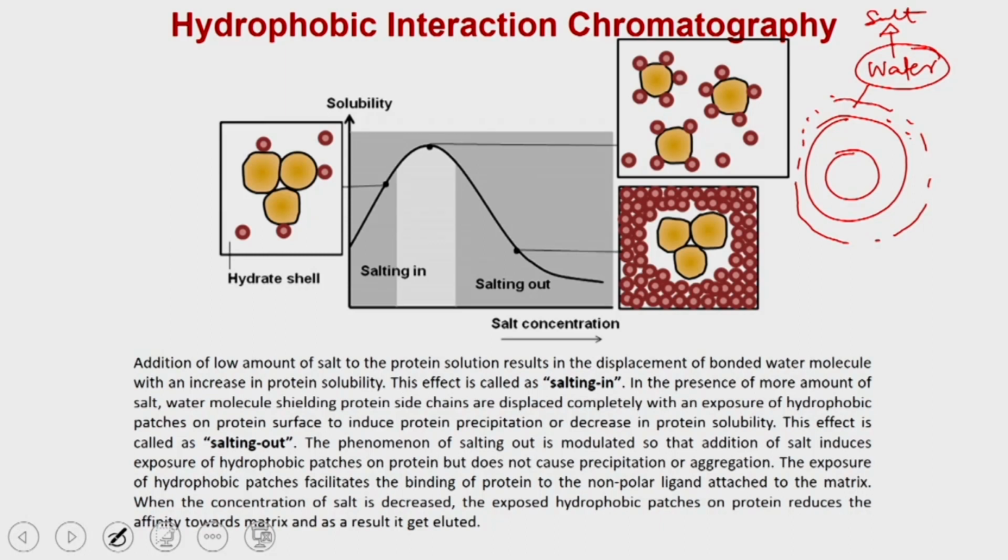So, if you want to remove the hydration shell present outside the protein, you can add a small amount of salt. When you add a very small amount of salt to the protein solution, it displaces the bound water molecules that are part of the hydration shell, and that increases the solubility. Why does it increase the solubility?